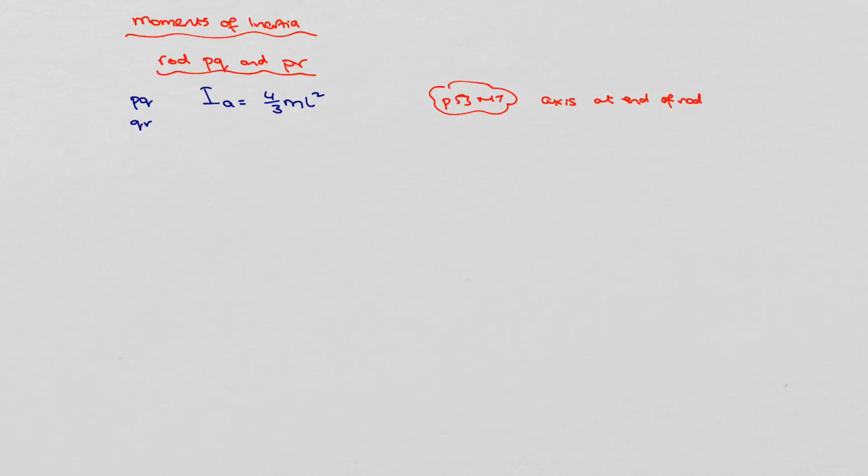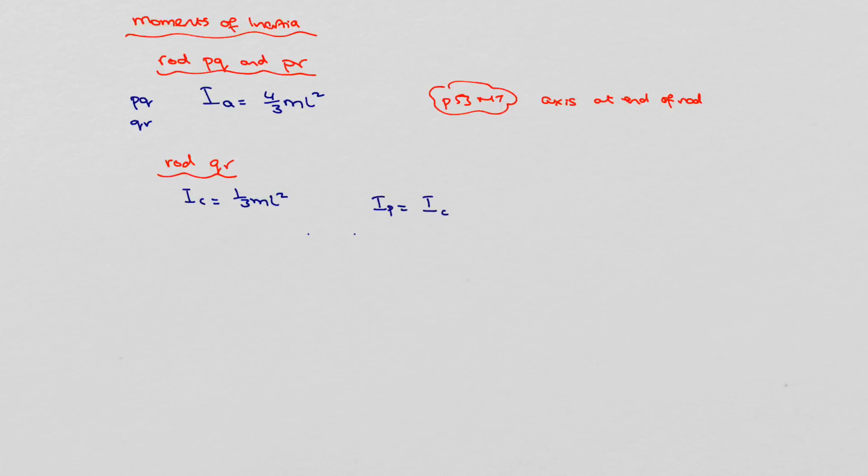Okay, so now if we're looking at the rod QR, as we said, through its centre, it's going to be a third ml squared because the mass is m and the rod length is 2L, so from the centre out the distance is L. And then through the point P, we have to use the parallel axis theorem.